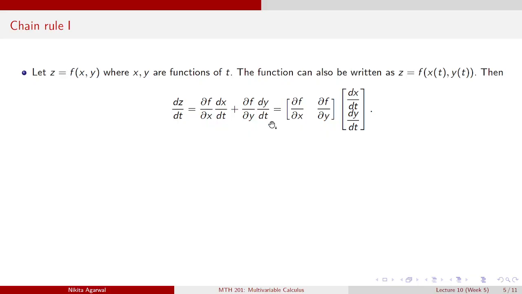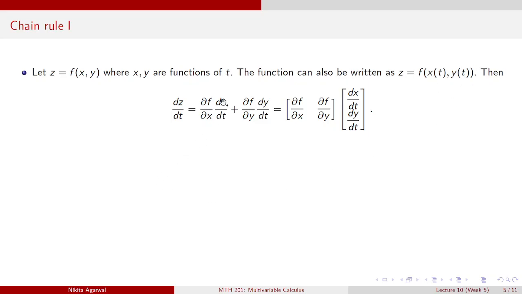So the general idea is you look at the outside function and see how many dependent variables there are. There will be that many terms, and going one by one you will have partials of f times the corresponding partials or total derivatives of the inside variables.